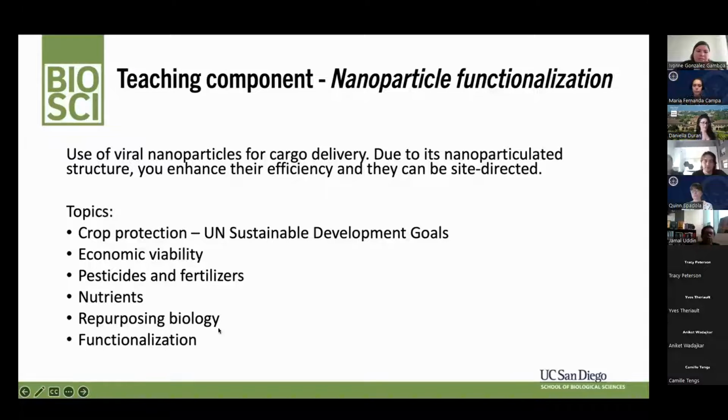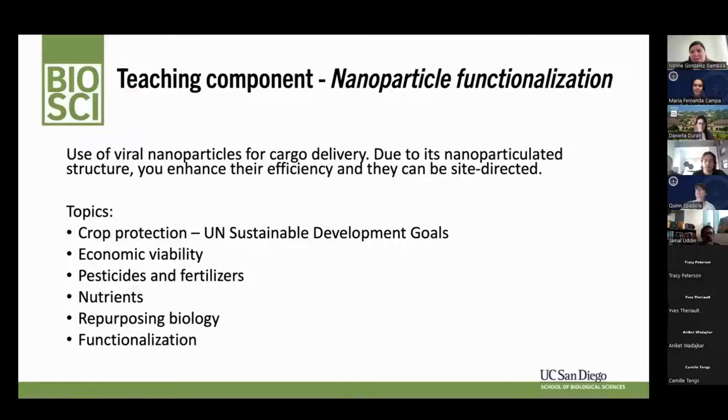And I also like to mention this topic of repurposing biology. So right now we're changing the idea of using viruses that might have this bad rep or bad PR recently.